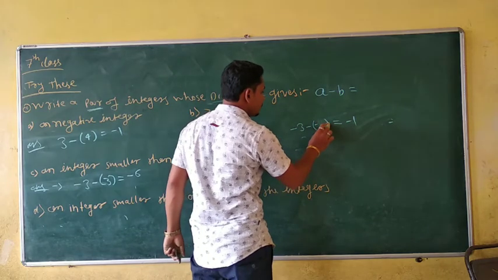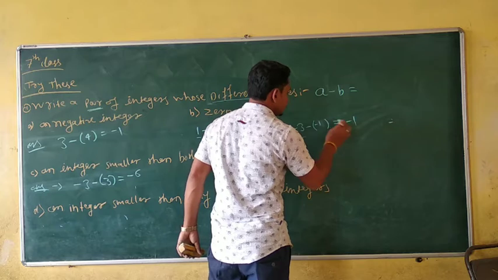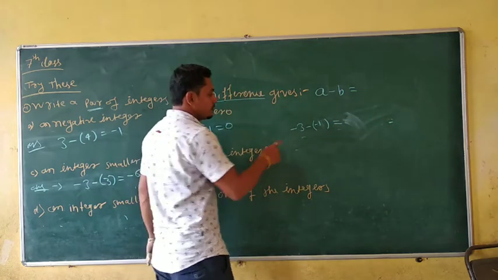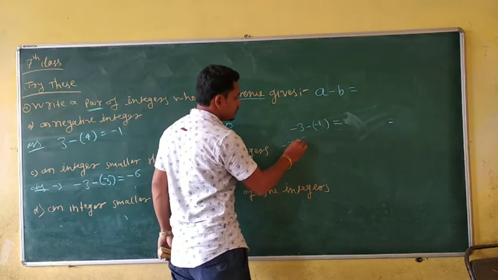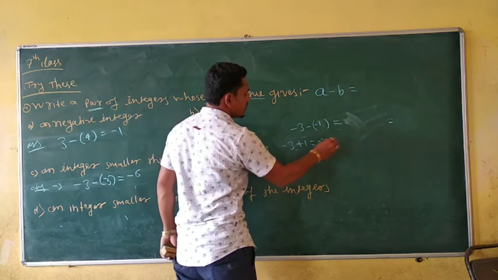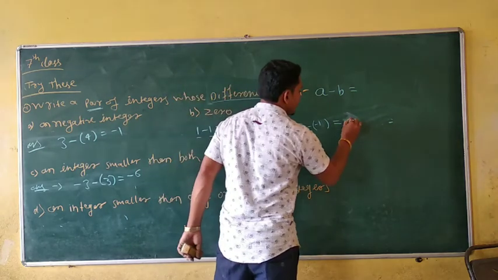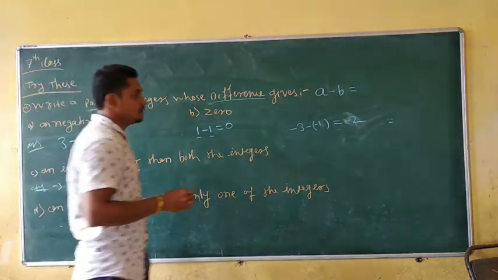So here you have to take minus 3 and minus 1, and next you have to check minus 3 minus 1, that is minus 3 plus 1, is equal to minus 2. Is it right? So therefore here minus 2. Now let's check.